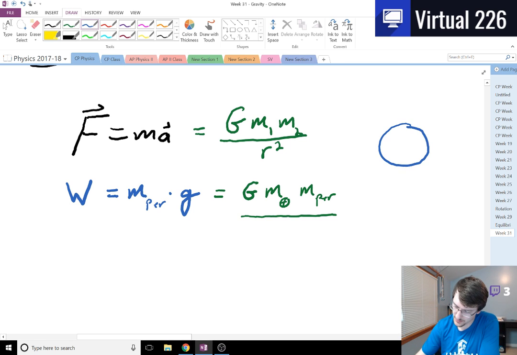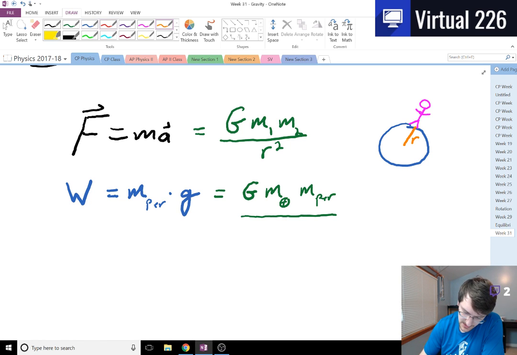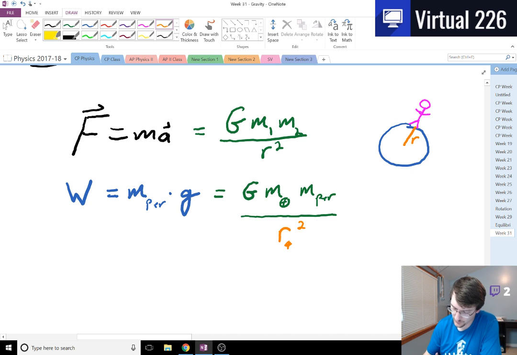If here's the Earth, and you're standing here on the surface of the Earth, it looks like you're very tall, we just want, what is that distance from the core of the Earth up to you? What is the radius of the Earth? So we look at our best friend, and we say, what's the radius of the Earth? And it is a value of, let's see, 6.38 times 10 to the 6th.